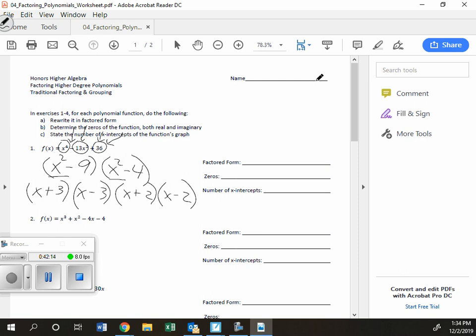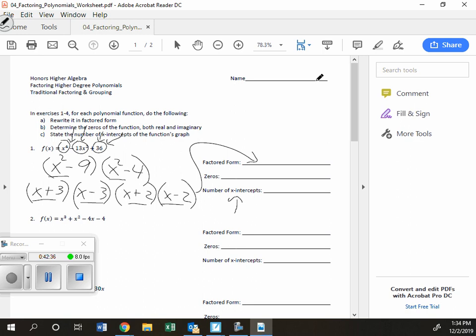This one's even pretty easy because there were no imaginaries. Since there were no imaginaries, however many roots there are is however many x-intercepts there are. Factored form, this answer goes there.